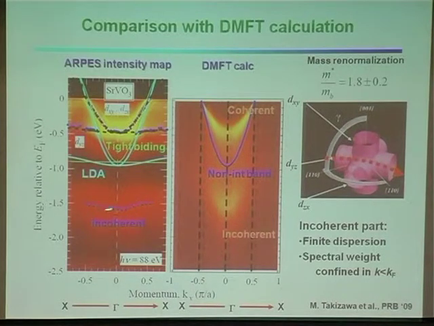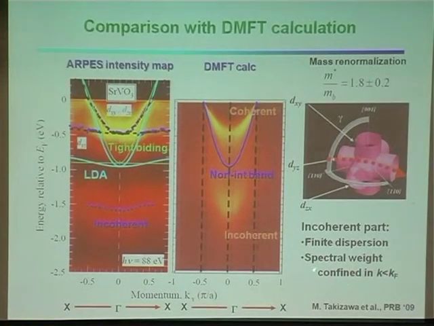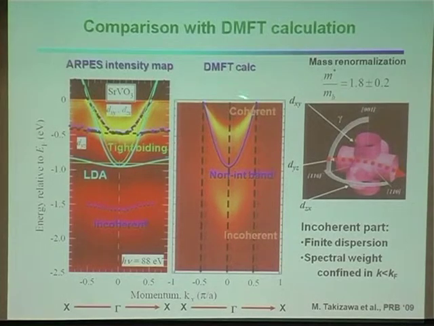And for the incoherent part, spectral weight is mainly concentrated within the Fermi surface.